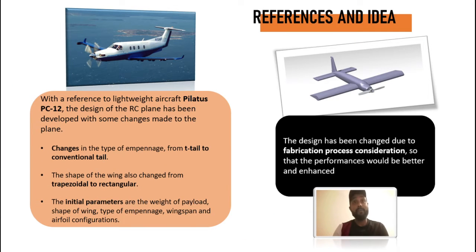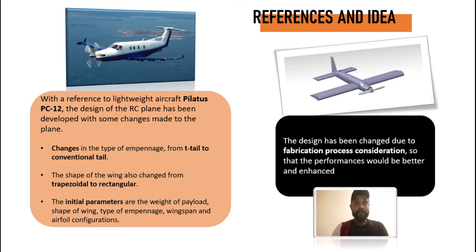With reference to the lightweight aircraft Pilatus PC-12, the design of the RC plane has been developed with some changes made to the plane. The changes are in the type of empennage, from T-tail to conventional tail.